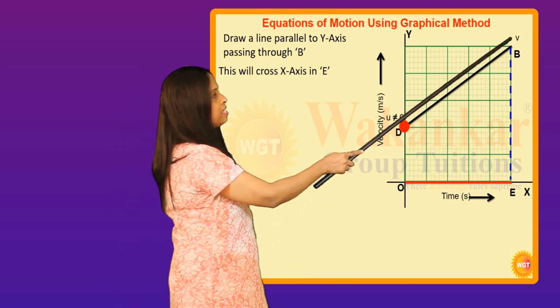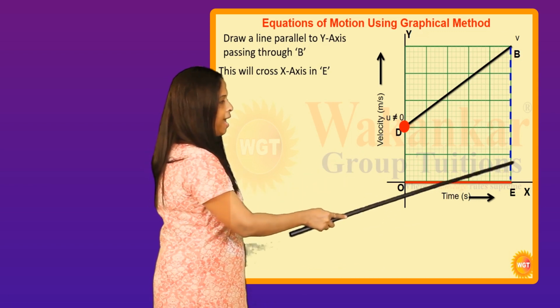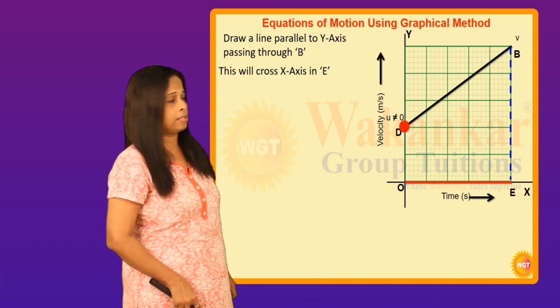What did we do? We drew a line starting from point B. This line is parallel to the y-axis. It touches point E on the x-axis.